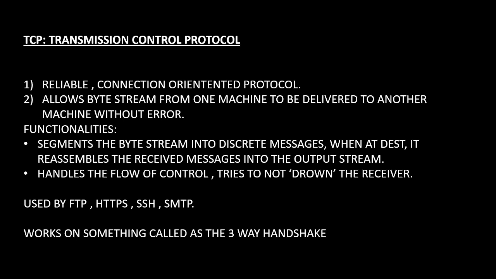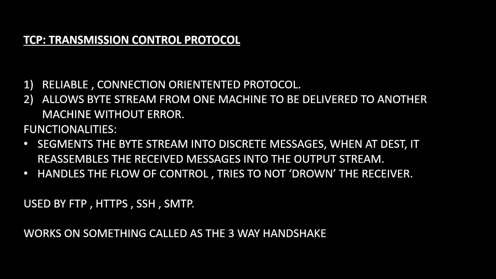Now let's talk about the functionalities of TCP. Number 1, it segments the byte stream into discrete messages, and at the destination, it reassembles the received messages into the output stream. Number 2, it handles flow control and tries to not drown the receiver. Drowning is the phenomenon which I had explained previously. TCP is used by FTP, HTTPS, SSH, and SMTP. SMTP is Simple Mail Transfer Protocol, which is an email protocol.